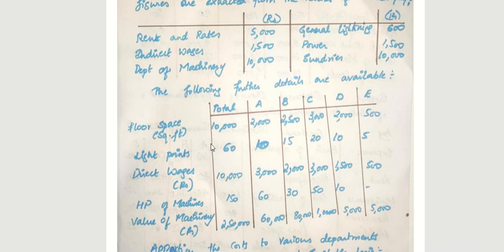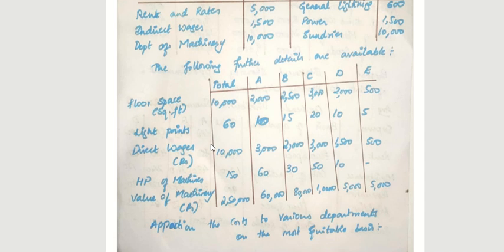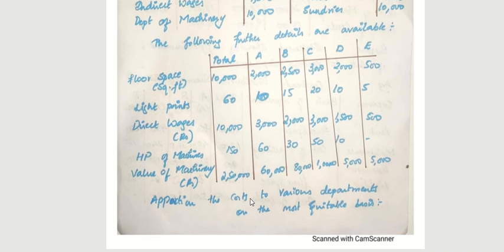So now let us start. So now we have to apportion the cost to various departments on the most equitable basis. So we will be following the primary departmental distribution table.